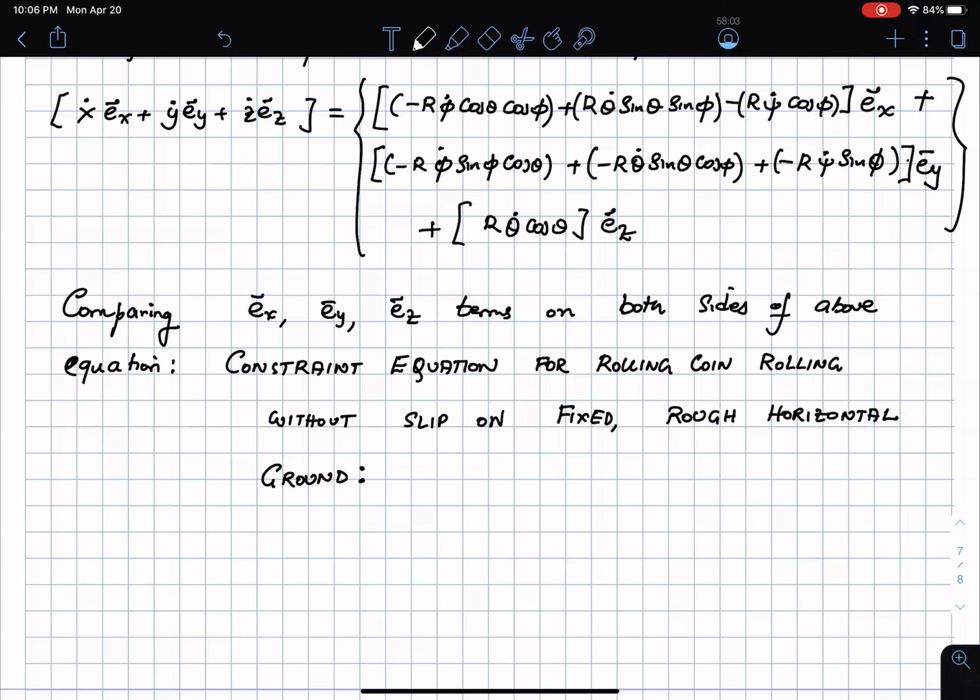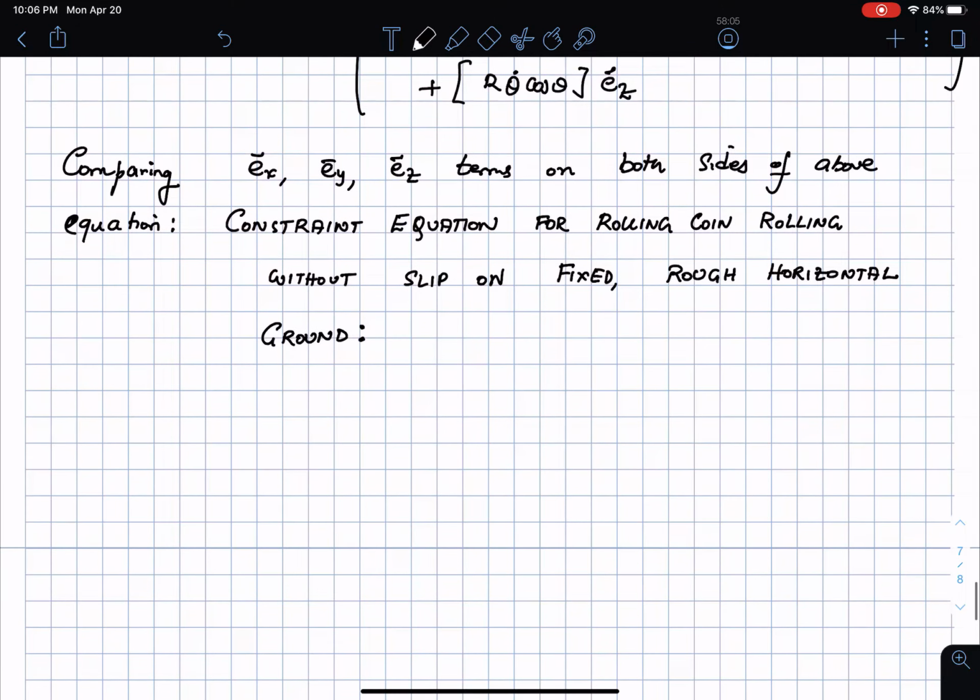That's going to be three things. X dot is equal to minus R cos theta cos phi phi dot, then R sin theta sin phi theta dot, plus minus R cos phi psi dot.